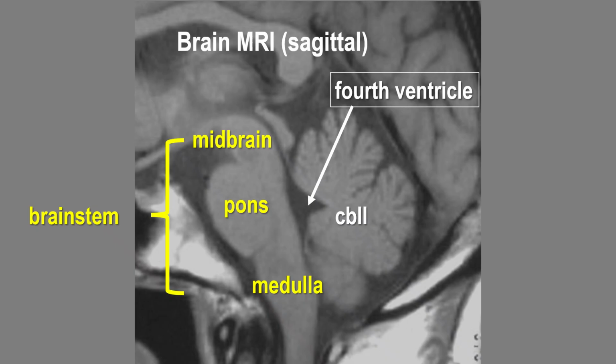The cerebellum is situated dorsal to, or posterior to, the pons and the medulla oblongata, and the fourth ventricle lies in its midline between the cerebellum and brainstem.